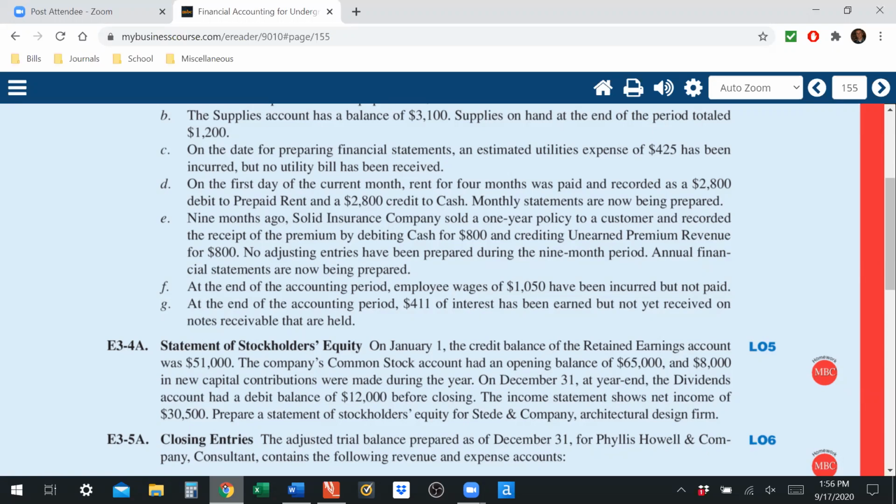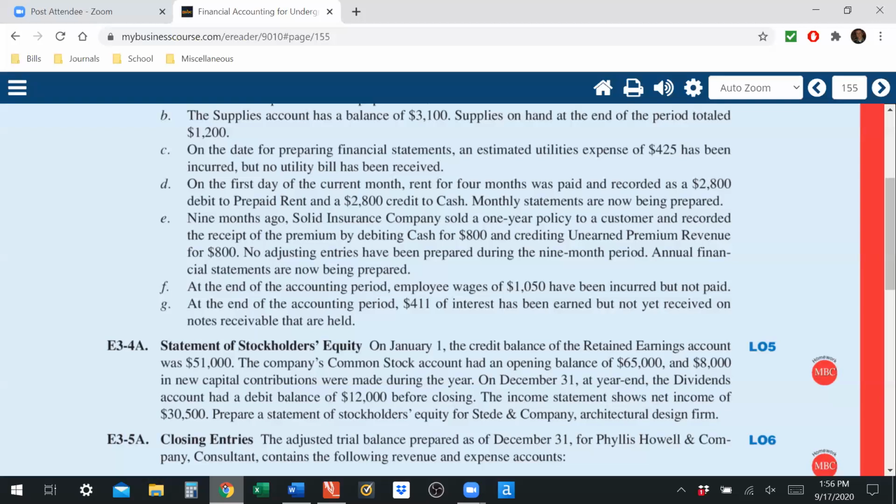We're a bank, right? Previously, we've talked about interest from the borrower's perspective. We talked about interest expense, interest payable, notes payable. Now we're talking about interest from the lender's perspective. We're a bank, we're a lender.